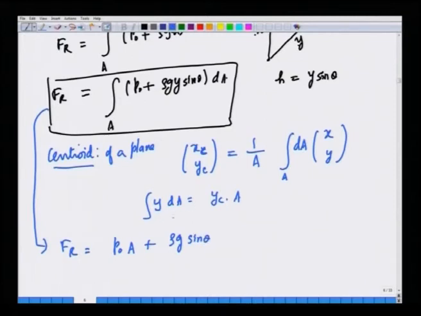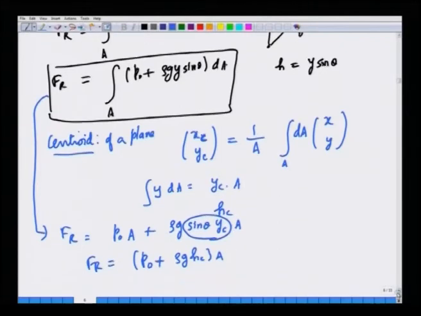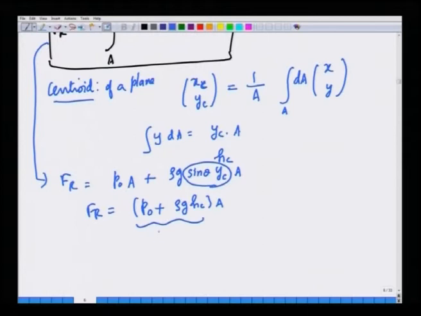Since the integral of y dA is y c A, F r is nothing but (P 0 plus rho g H c) A, where H c is y c sin theta. This is the pressure at the centroid of the area of the surface.